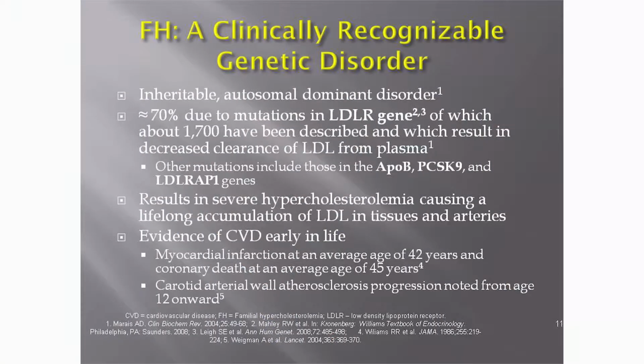So it is a clinically recognizable genetic disorder. It's inheritable in an autosomal dominant fashion, and about 70% of the mutations have been identified in the LDL receptor gene. Interestingly, there are over 1,600 different genetic mutations that have already been described affecting the LDL receptor, which is really quite remarkable.